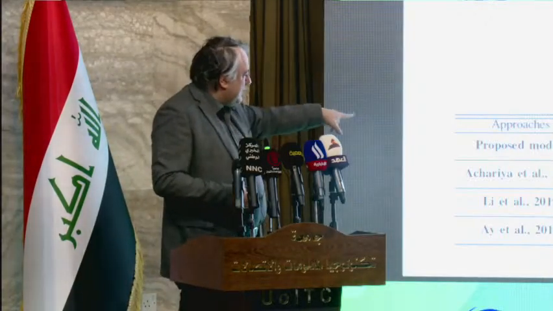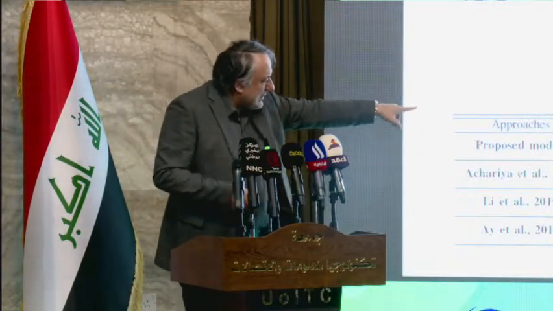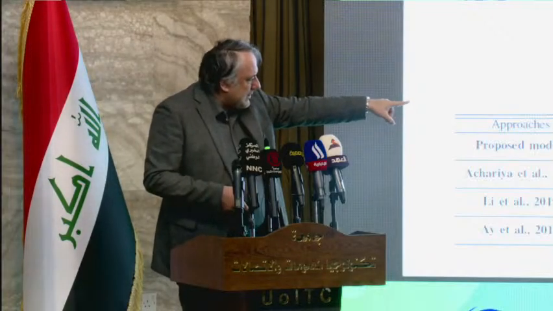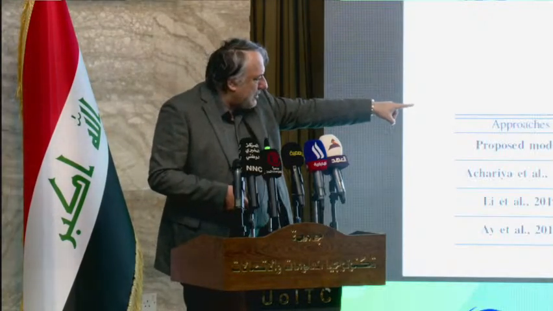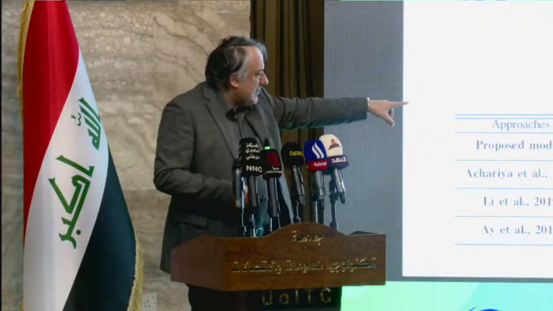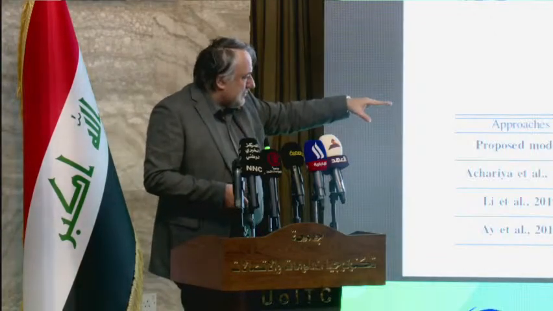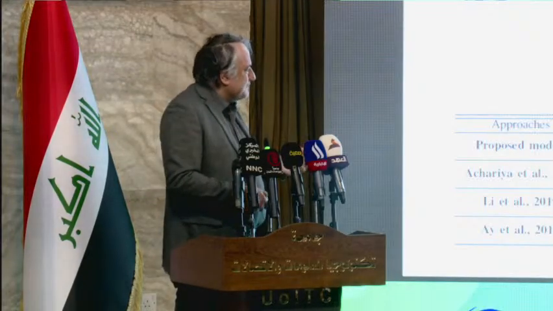As you see, the proposed method provides a mean square error plus or minus standard deviation of 5.64, much less error than its rivals, which shows the superiority of our method.